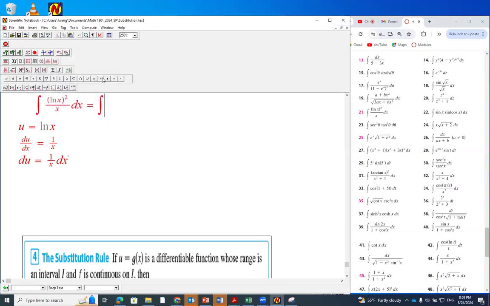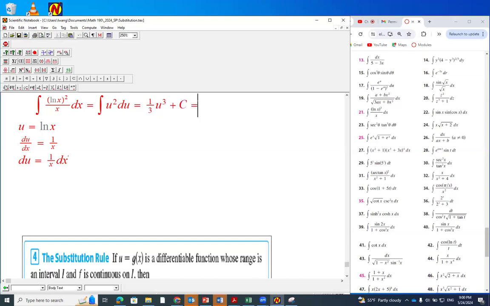So we get u squared multiplied by du, because dx over x is du. And almost done: 1/3, power rule, u to the power 3, plus the big constant.